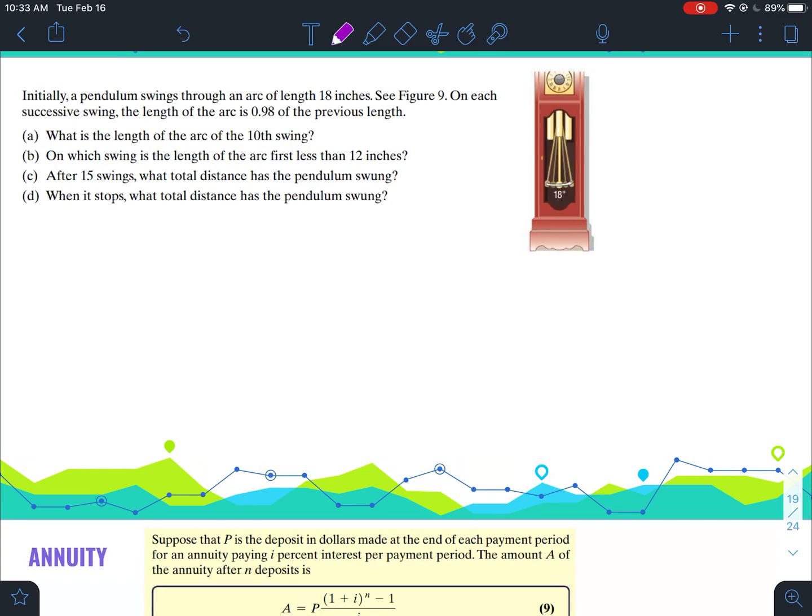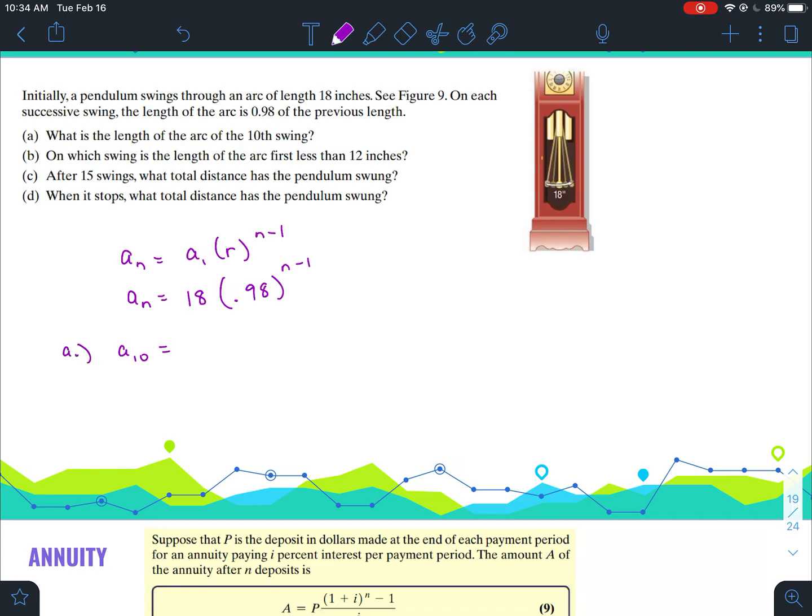So this is going to be a geometric sequence because you are multiplying by 0.98 to get to the next length each time. So you're going to take the first term times the common ratio to the n minus 1 power, and that's going to be our explicit formula. So our first length is 18 because that's how long the first swing is. The common ratio is we multiply by 0.98 to get to the next length and then to the n minus 1 power. So for part A, it wants to know what is the length of the 10th swing.